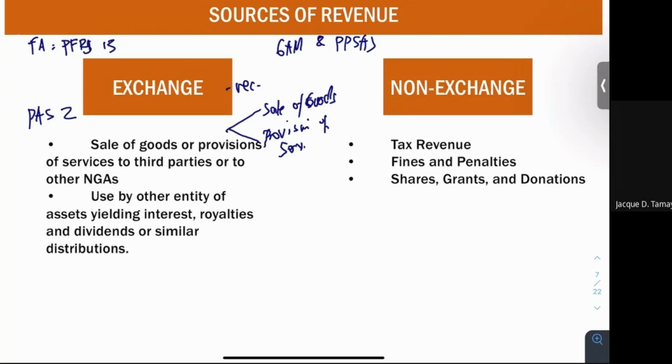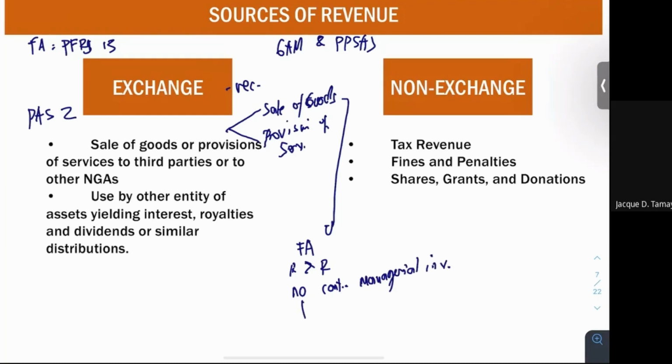So the same rule, but there is one different item under the sale of goods here in the recognition. Under financial accounting, it is still risks and rewards of ownership, no continuing managerial involvement, it is probable, it is measurable. Those are the items under financial accounting. While in GAM, these four items are still present with the addition of one: the cost incurred or to be incurred is measured reliably.